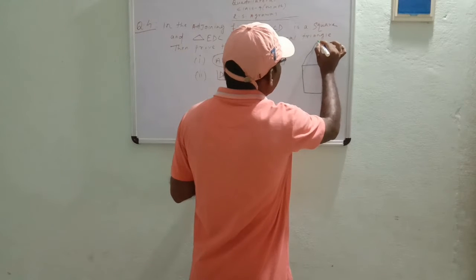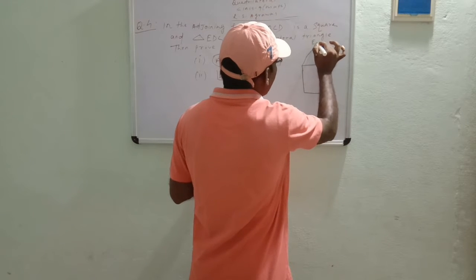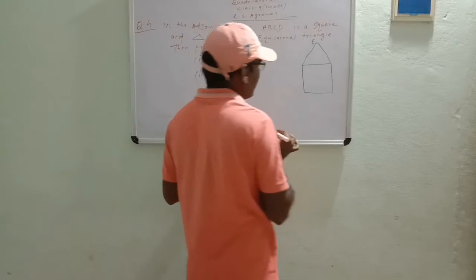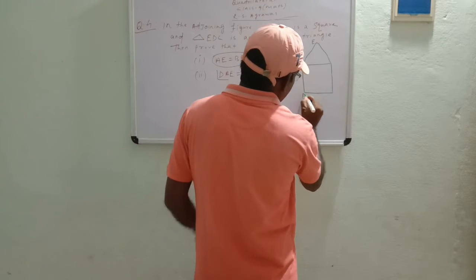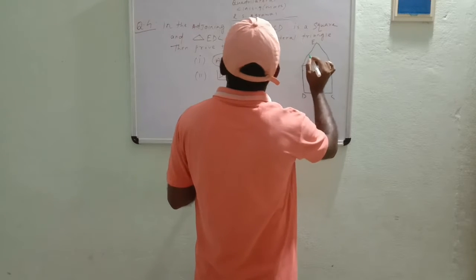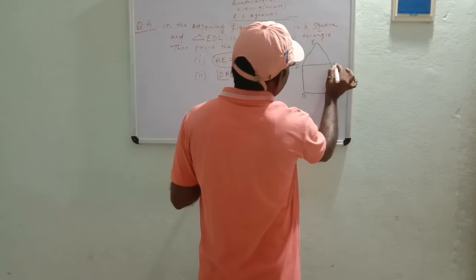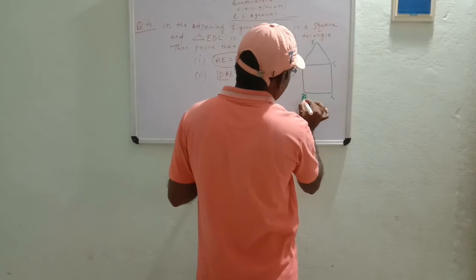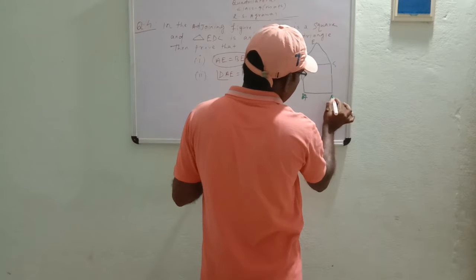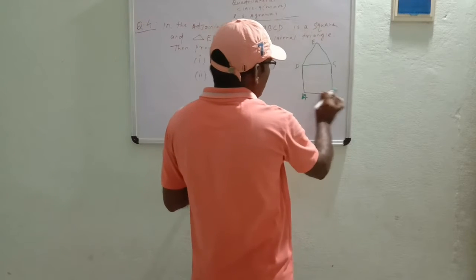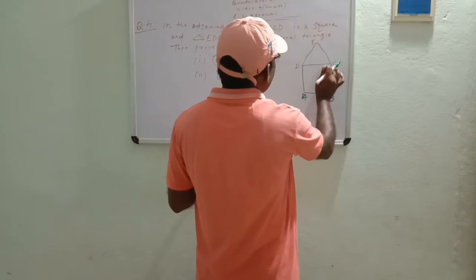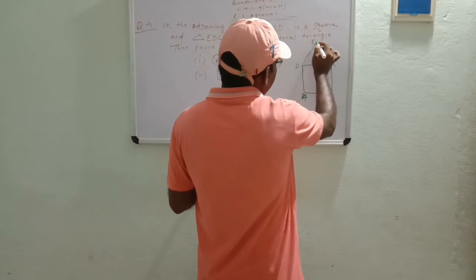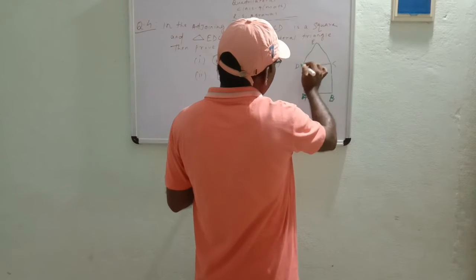This point is E, this is D, this is C, this is A, and this is B. So this is the square ABCD, and it is the triangle EDC, which is an equilateral triangle.